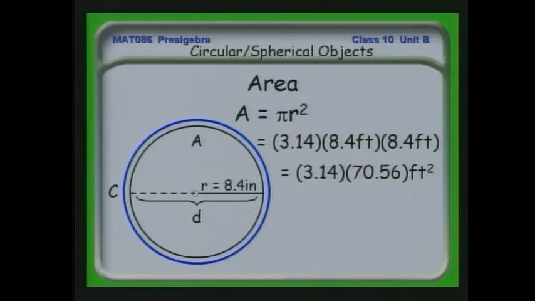If I do this, I find that multiplying 8.4 by 8.4, I get 70.56 on my trusty calculator. Multiplying that by pi, I find I have 221.5584, and of course the unit is square feet.